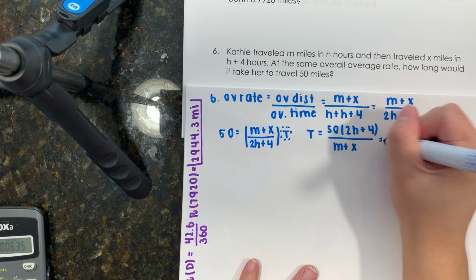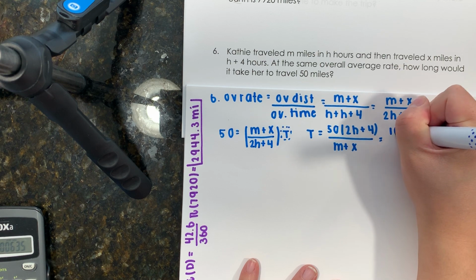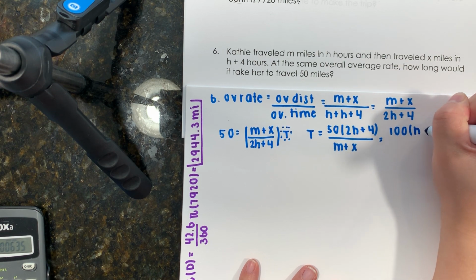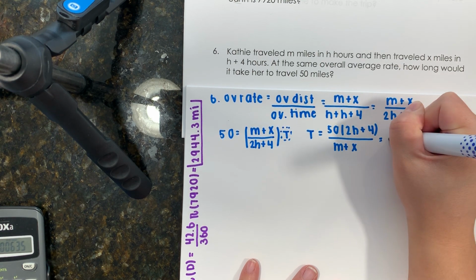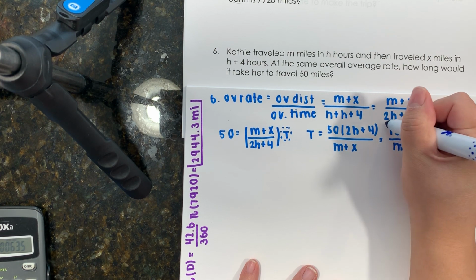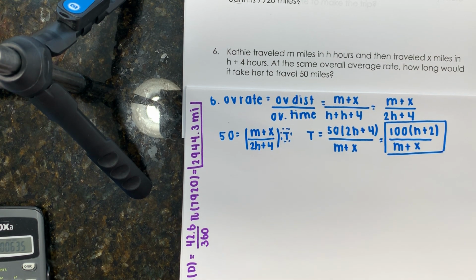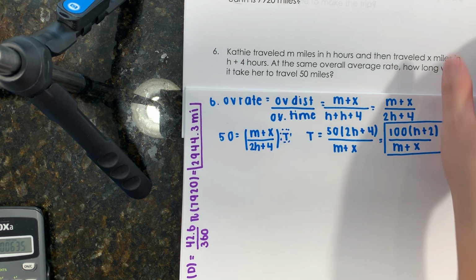So if I multiply that 2 times 50, my time is actually going to be 100 times H plus 2 over M plus X. And I think that's how they leave it in the answer key. So they factored the 2 out of the 2H plus 4, then multiplied that by the 50. And that's how they ended up with that result.